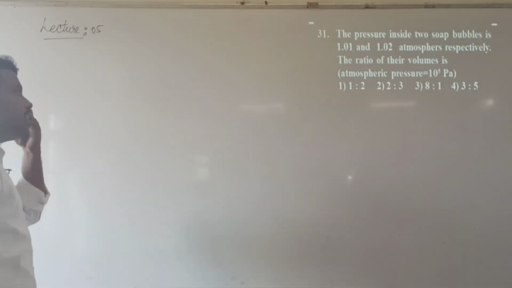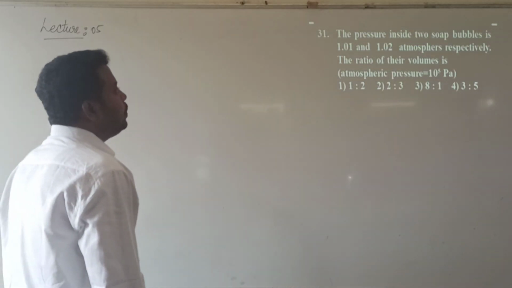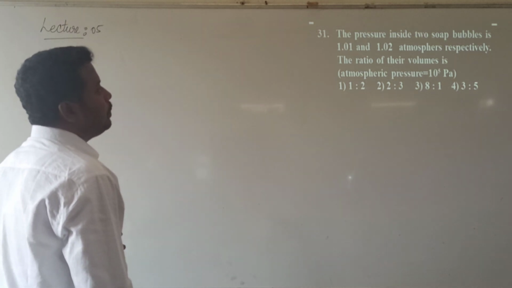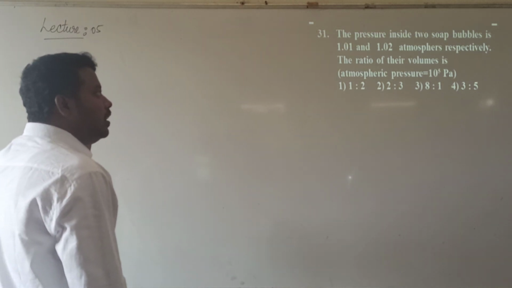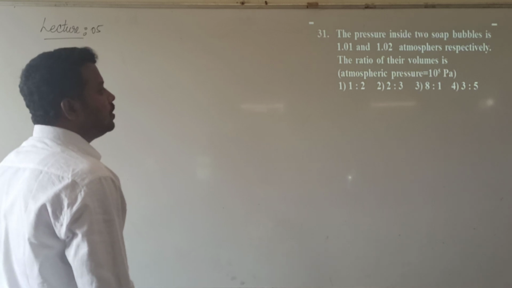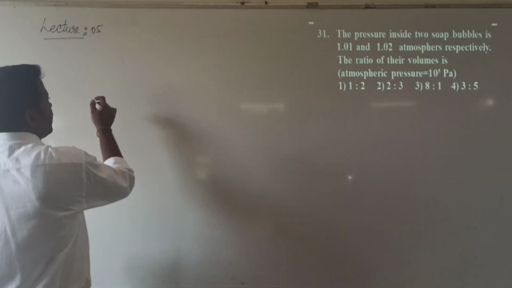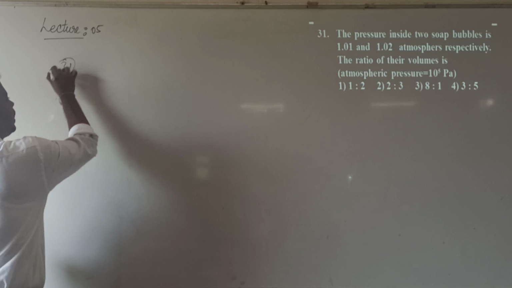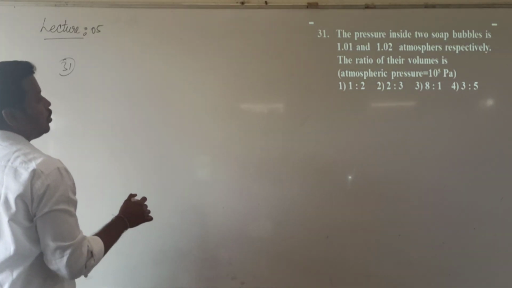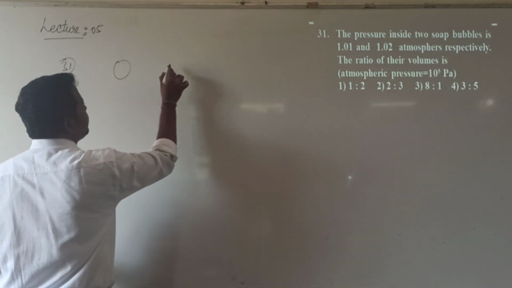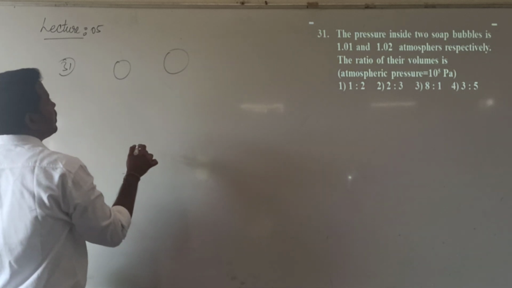The pressure inside two soap bubbles is 1.01 and 1.02 atmosphere respectively. What is the ratio of their volumes? The atmospheric pressure is given. One is one soap bubble, this is another soap bubble.